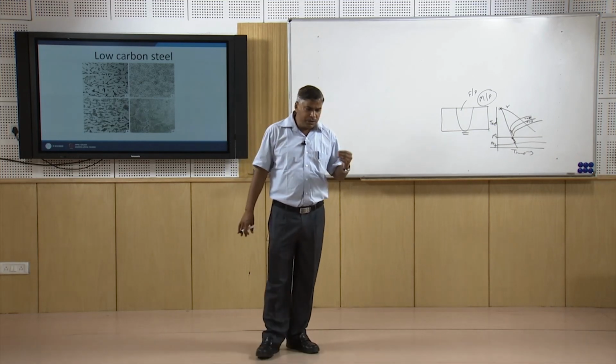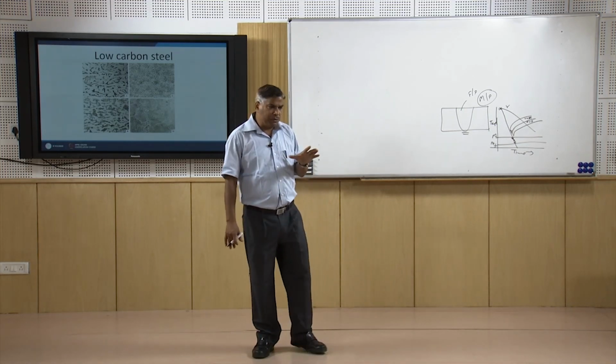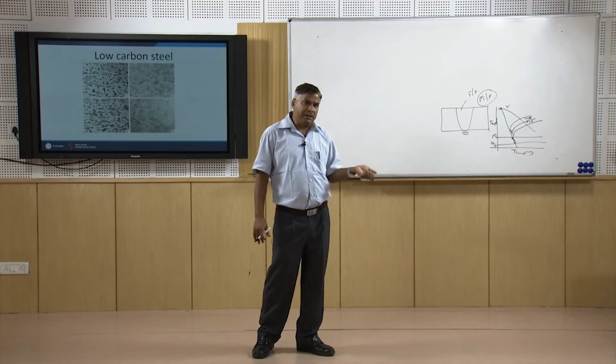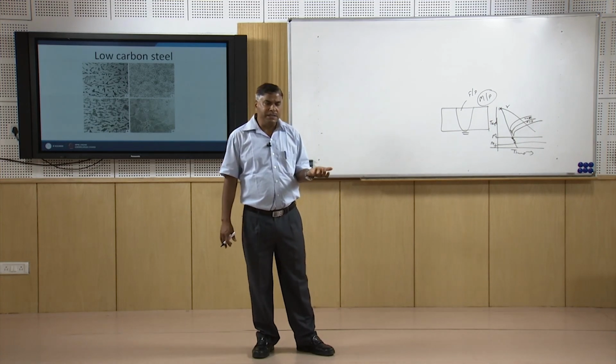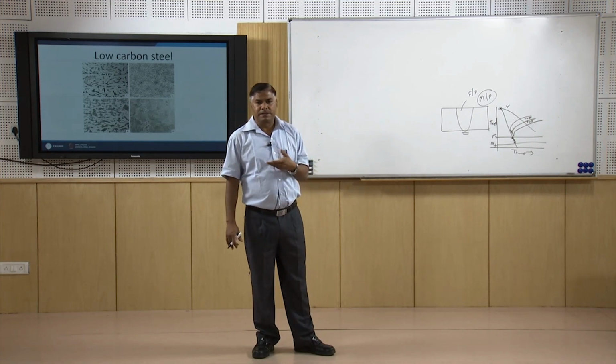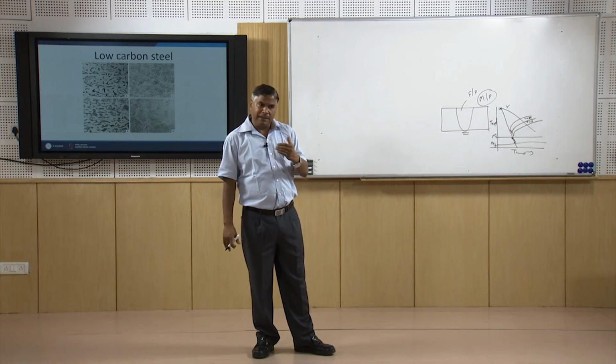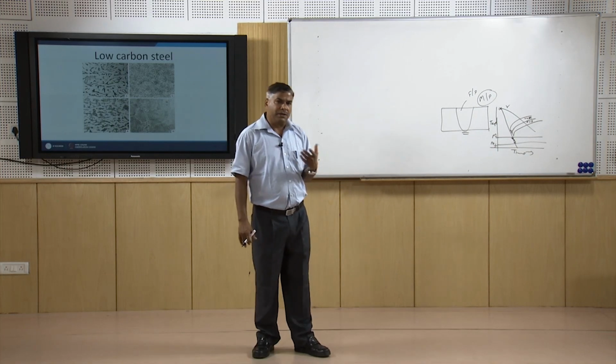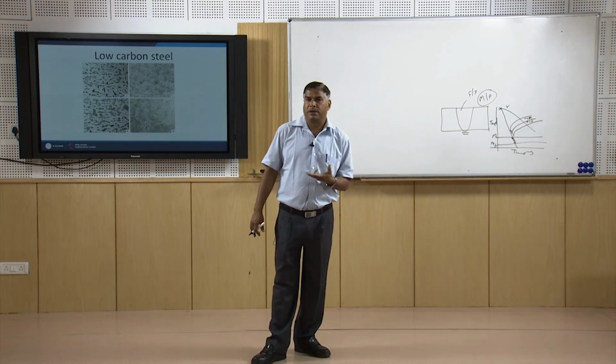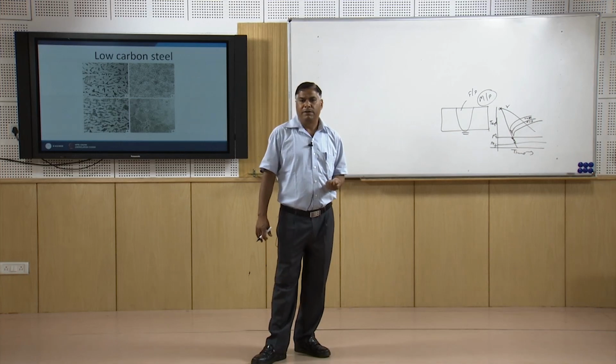So what phases will be formed depends upon the carbon content. High carbon steels invariably form martensite in the heat affected zone, and that is why it causes embrittlement or loss of toughness of the weld joints.